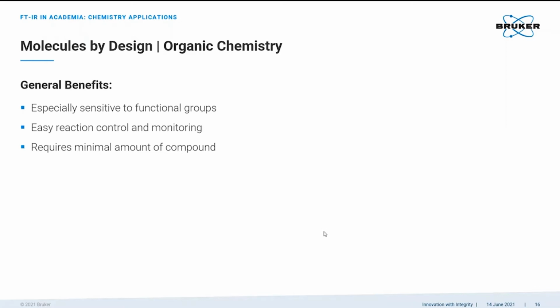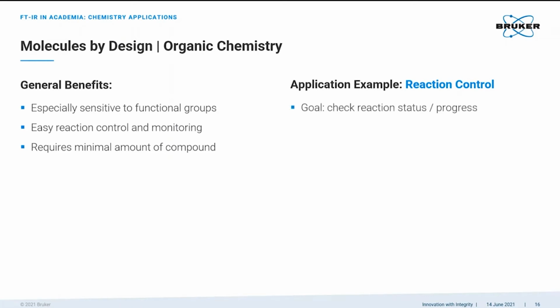When you are looking at the most basic form of reaction control, our goal is only to check the reaction status and progress. We want to know whether the reaction is finished so we can continue with the next step. For this, we don't need any special solvents and we can just take a sample from the reaction, place it on an ATR crystal and measure away.